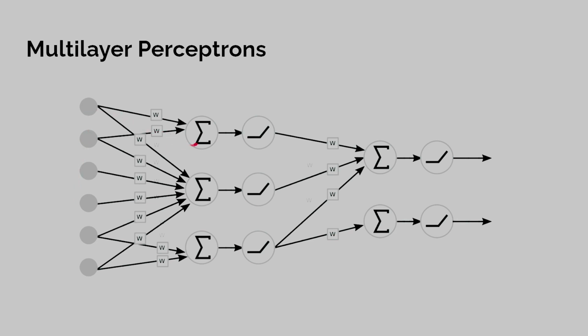And then there's a bunch of connections where you do weighted sums. So these weights are the parameters you're going to learn. And yeah, it just does the matrix vector product of the input data and the weights. And then it passes through a nonlinearity, and it just repeats a bunch of times. Yeah, and the nonlinearity here is a rectified linear unit. There's a bunch of others you can use. That's an implementation detail for us.